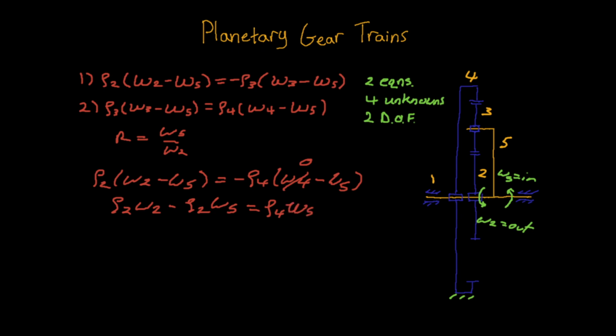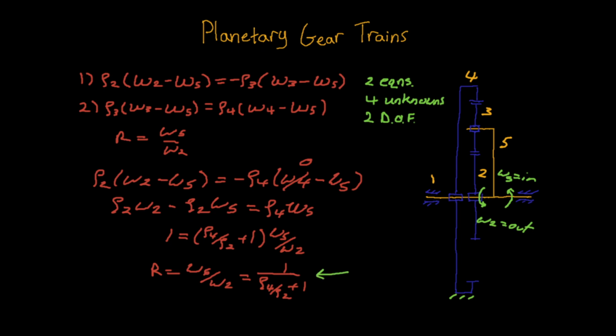And if we rearrange these terms, we end up getting 1 is equal to rho 4 over rho 2 plus 1 times omega 5 over omega 2, and recognize omega 5 over omega 2 is the gear ratio, and we get R is equal to omega 5 over omega 2, which is equal to 1 over rho 4 over rho 2 plus 1. And this is our gear ratio for this case.